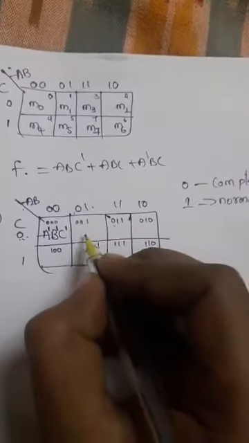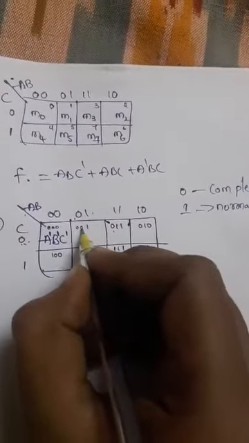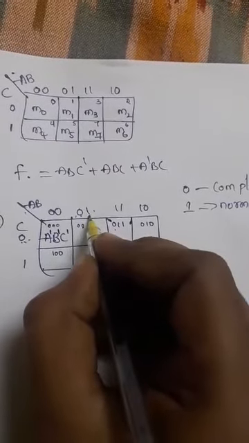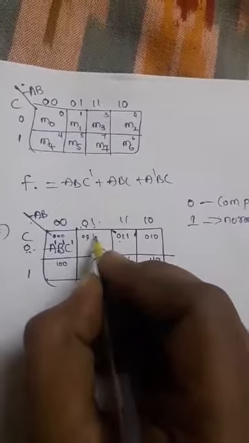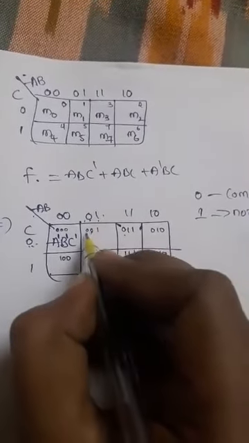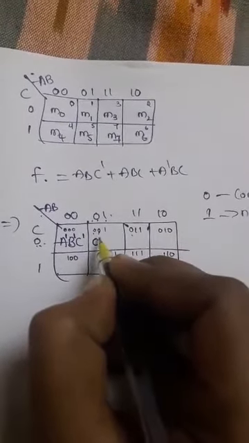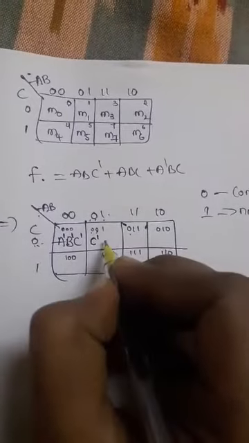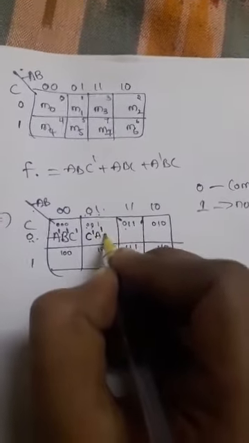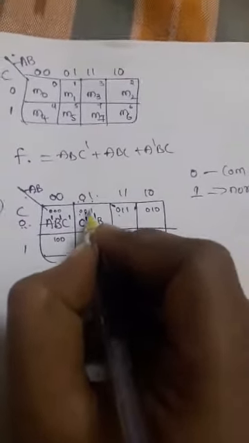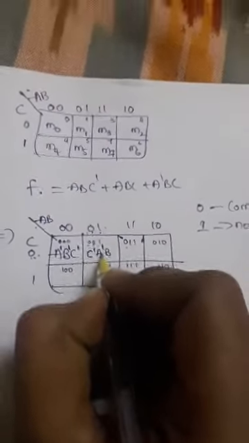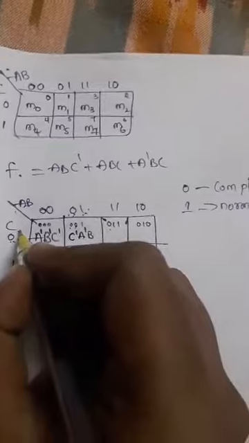Okay, so next 001. How to represent 001? That is nothing but 1 for C, and 0 for A complement, B complement. Okay, this cell will be indicated as A complement, B complement, C.